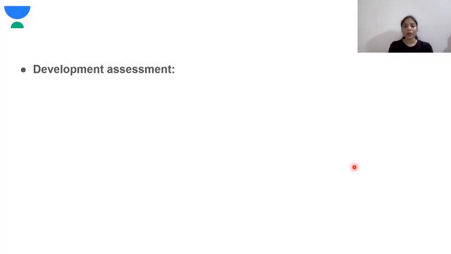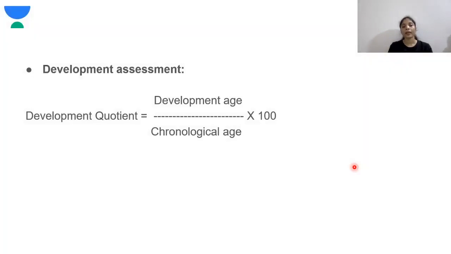So, developmental assessment. Now, development quotient. One of the things where you assess development of a child is the development quotient. This is done at the end of the developmental history always. Developmental quotient is based on the developmental age of the child. So if a 3-year-old child has the developmental milestones of a 2-year-old child, then the developmental age becomes 2 years and the chronological age is 3 years, so 2 divided by 3 into 100.